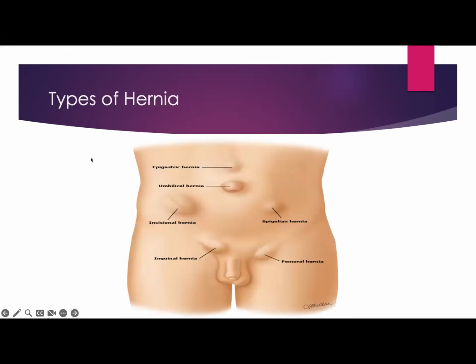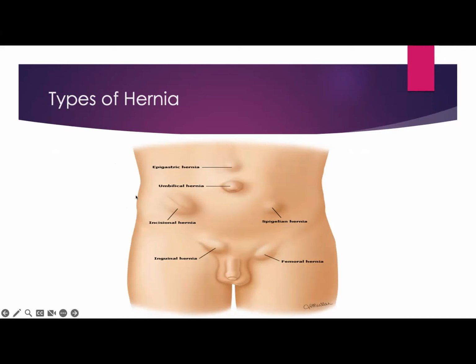So this is another image which shows the location of the different types of hernias. The groin hernias, which are the inguinal and the femoral, are located in the groin region. As we will address later, they are usually around the inguinal canal or the inguinal ligament, and the femoral hernia is below the inguinal ligament.